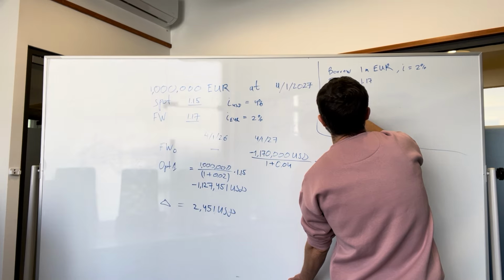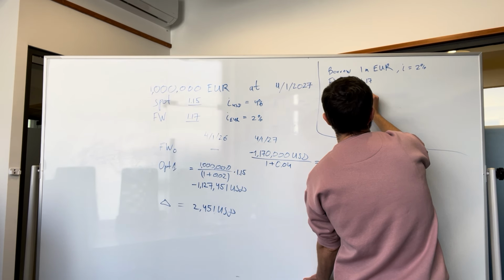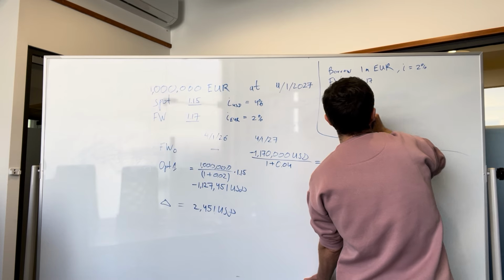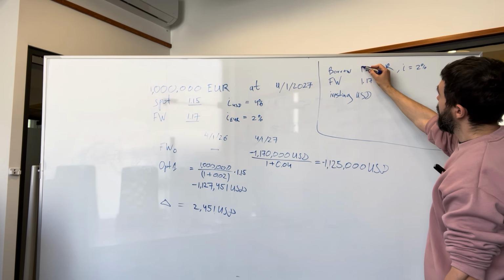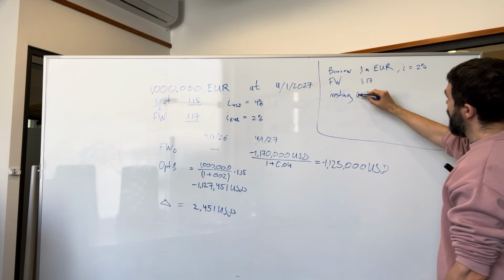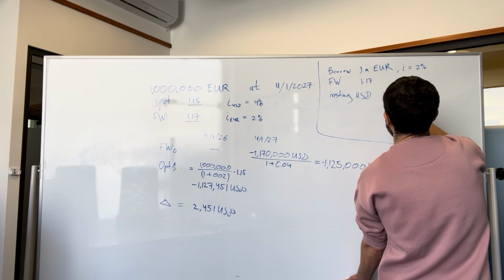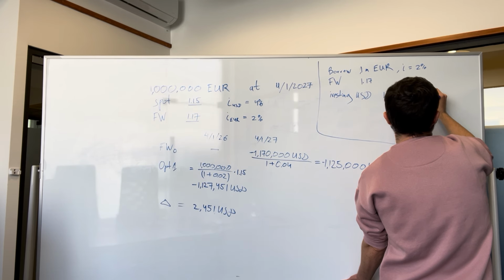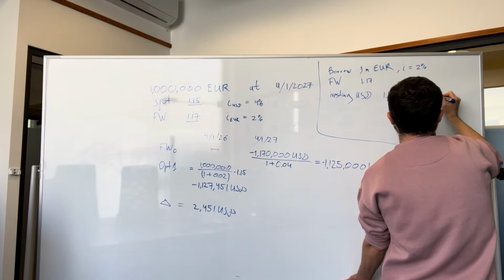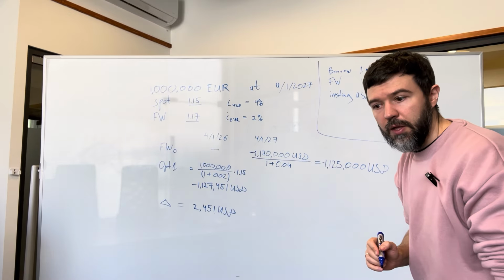Now you are investing in USD. Remember, you borrowed 1 million euro, so you invest 1.17 million USD at 4%. Yeah, cool.